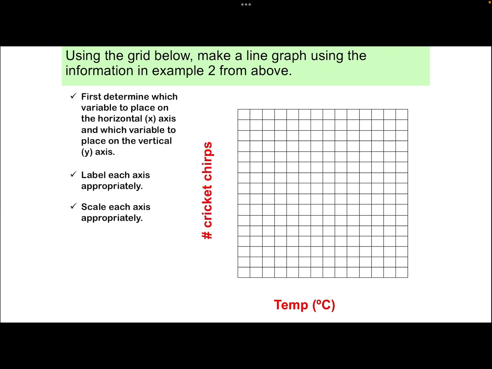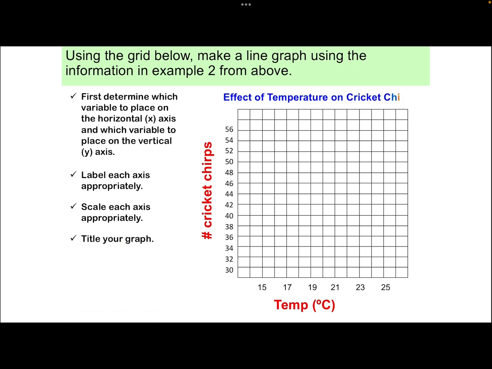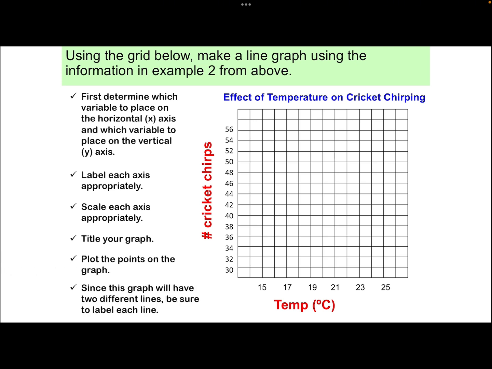Scale each axis appropriately. Title your graph. And plot the points on the graph. Since this graph is going to have 2 different lines, be sure to label each line.